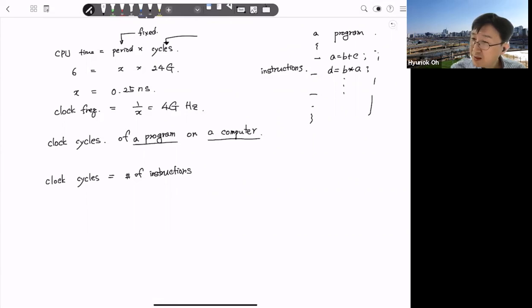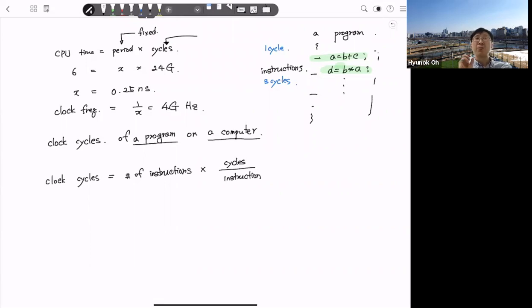So as the number of instructions increases, in general the number of cycles increases. And for each instruction, we have to pay some clock cycles. For instance, maybe one instruction takes only 1 cycle, while another instruction takes 3 cycles. So per instruction, a different number of cycles may be required.